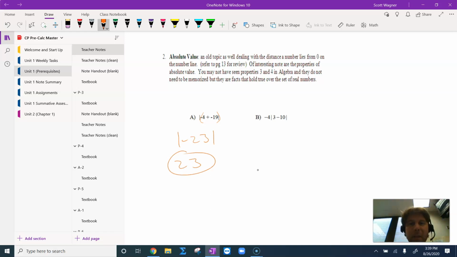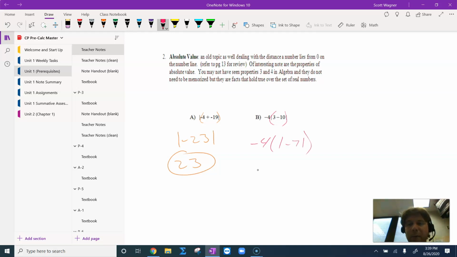And then part B. We've got -4 times the absolute value of 3 minus 10. Think of this as grouping symbols. You can't distribute the -4. You've got to apply the absolute value first. So this is really -4 times the absolute value of whatever's in there. 3 minus 10 is -7.